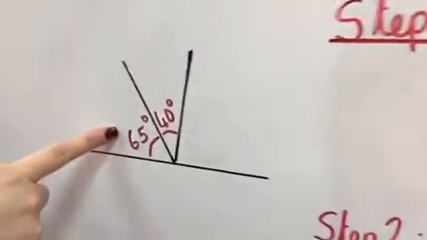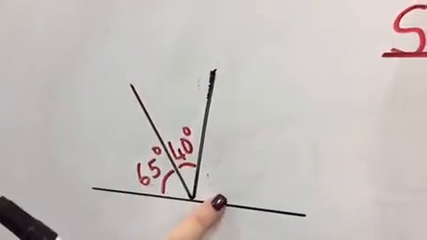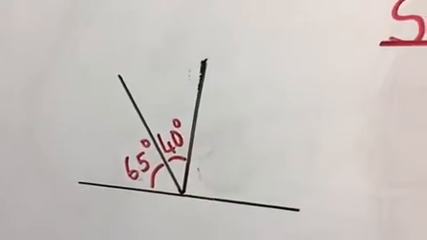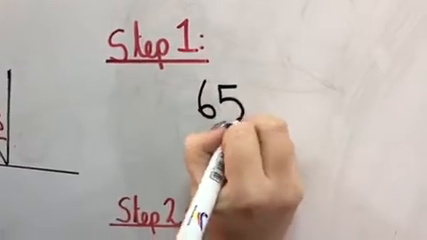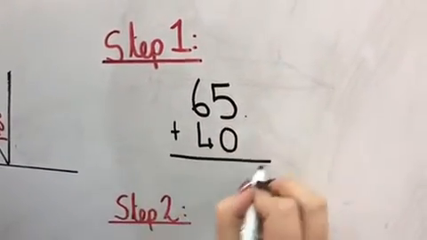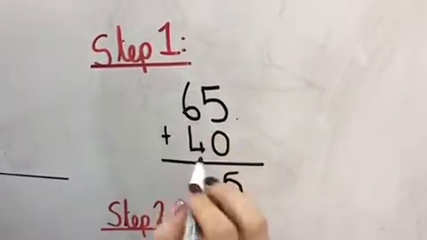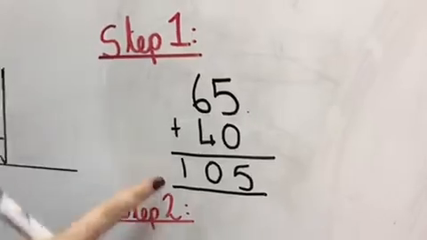We're going to do that one more time. Okay, so once again, we've been given two angles, 65 and 40. We're going to do step 1 first because we need to find that missing angle. So step 1, 65 plus 40. Remember place value? And look at this, it's 100. See where we miscarried that over? 105.